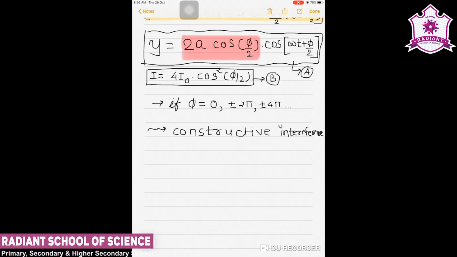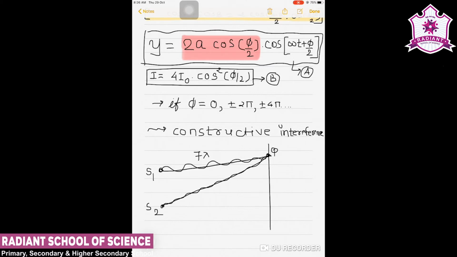Now suppose we go another way with the same question. Say this is S1 and this is S2 as shown earlier, and they are superposing at point Q. Suppose the distance for S1 to Q is 7 lambda, and for S2 to Q it is 9 lambda.